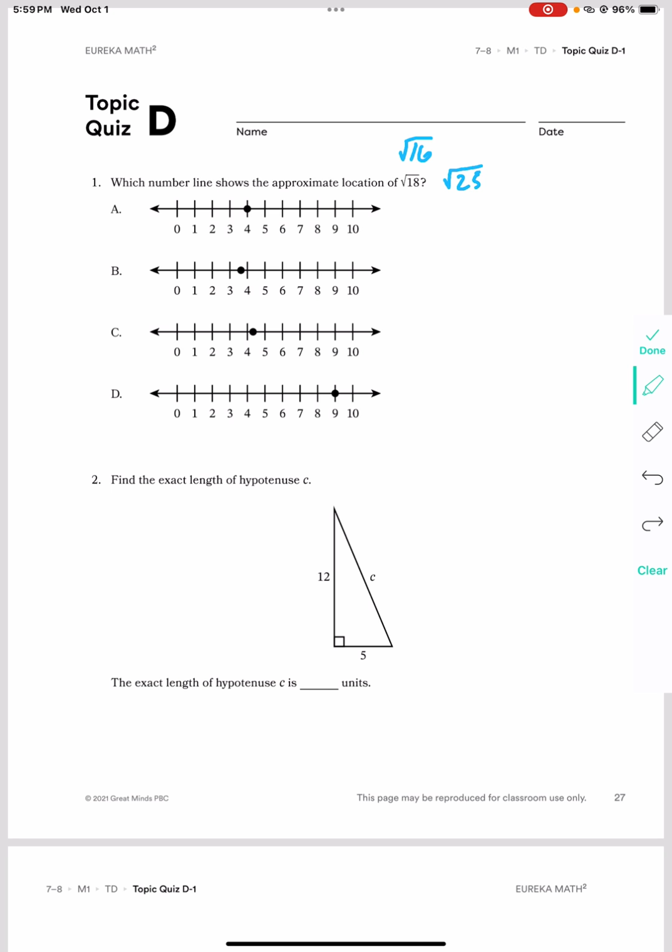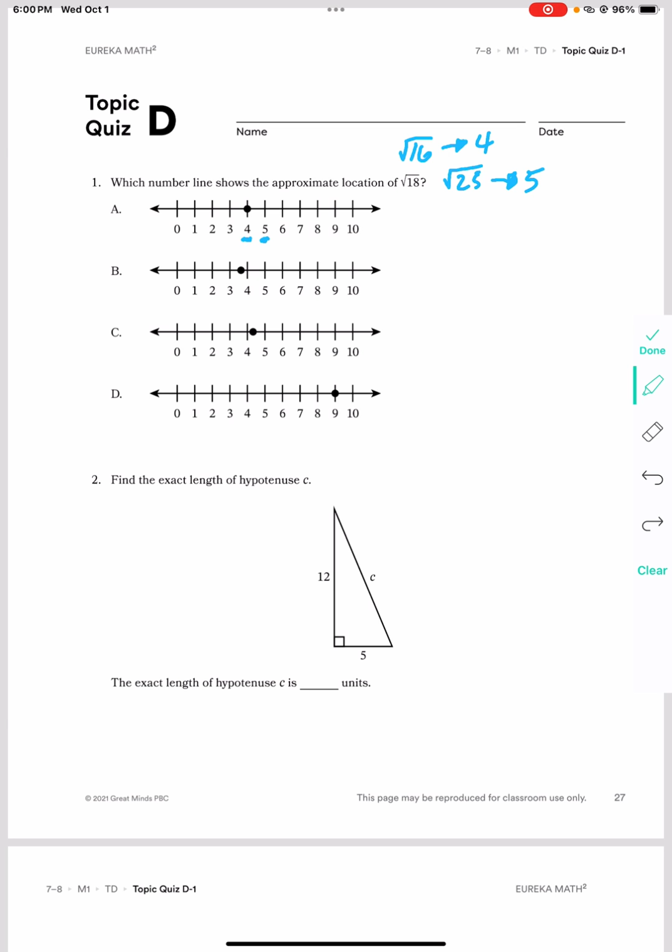Which means, breaking it down, the square root of 16 is equal to 4, and the square root of 25 is equal to 5, so if I'm using a number line, or trying to find what number I would start off with for approximating the square root of 18, I know that it falls between 4 and 5.